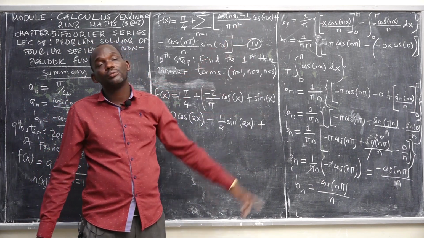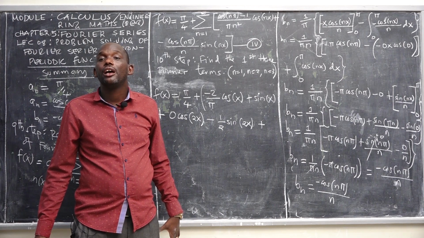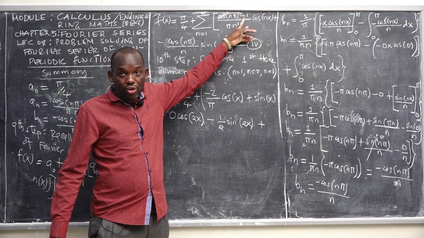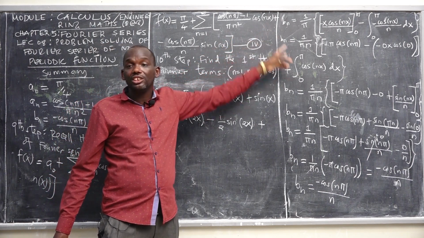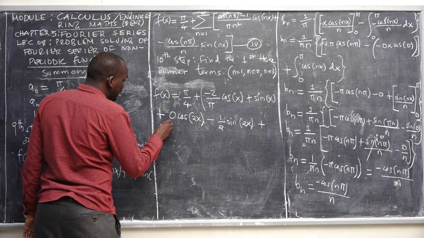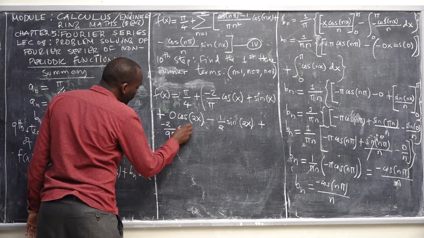Then 3 times 3 squared is 9, right? So you'll have negative 2 over 9 pi, right? Cosine of 3x. So it is negative 2 over 9 pi cosine of 3x.